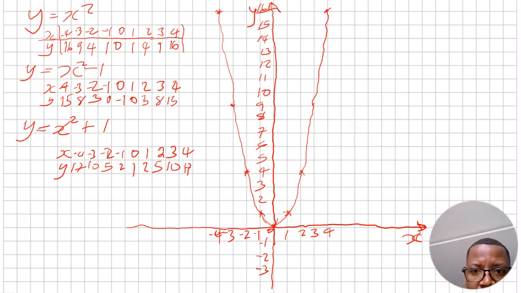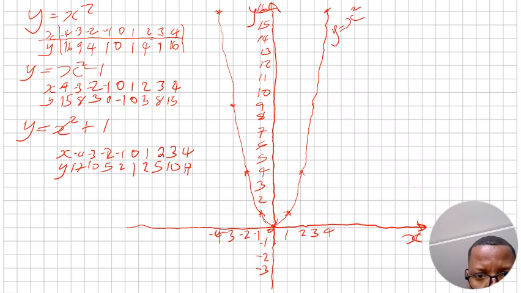This one we are calling y is equal to x squared. Now let's look at this one where we are saying y is equal to x squared minus 4.